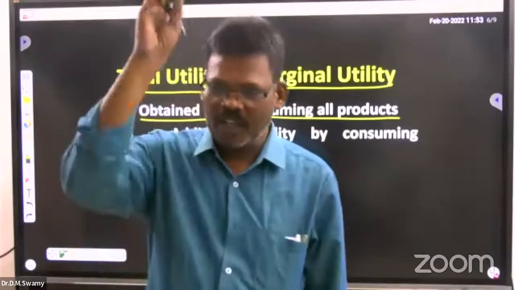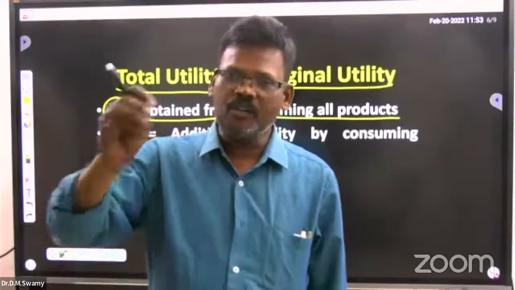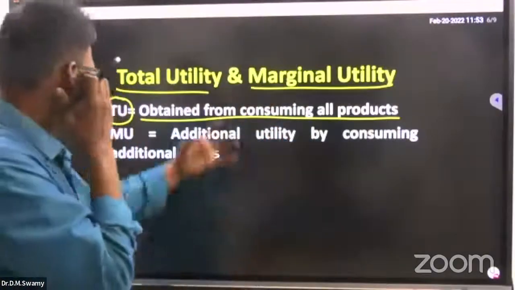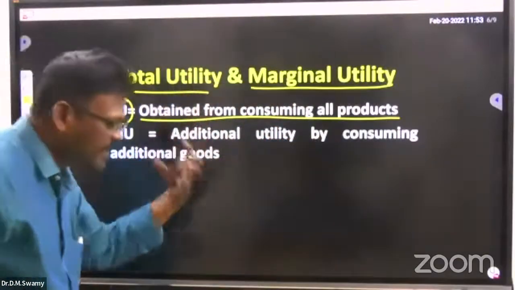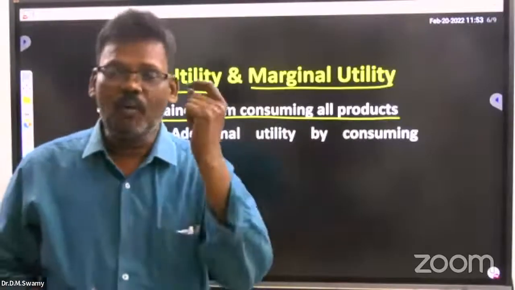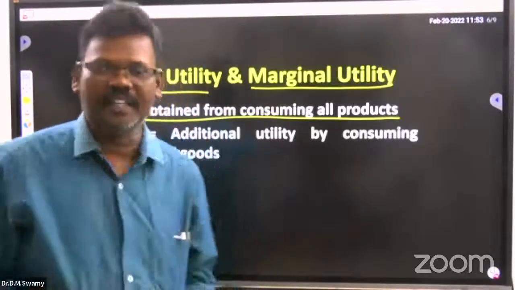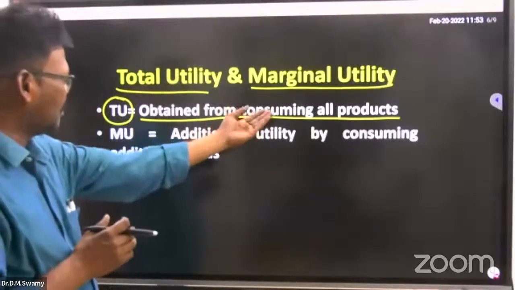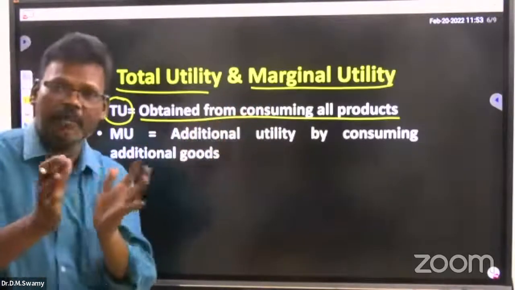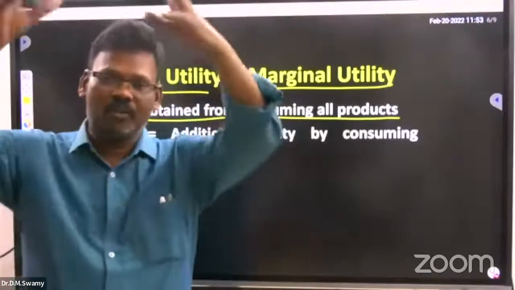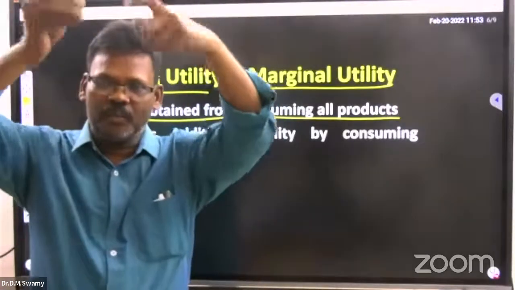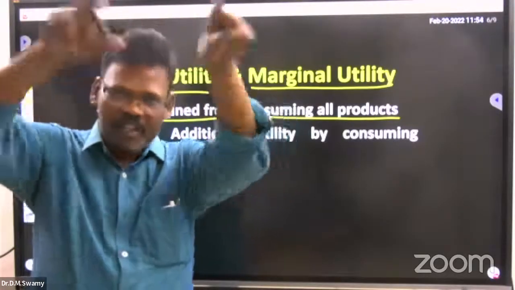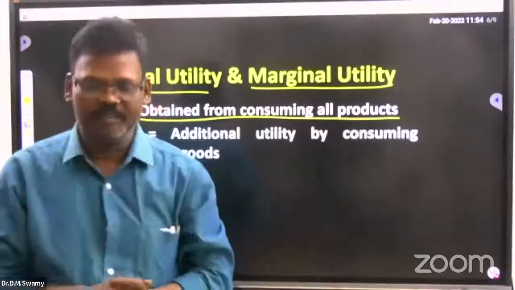Whatever utility we get from consuming all the goods is known as the total utility. For example, if you are consuming 5 commodities, the utility from all these 5 products is the total utility.